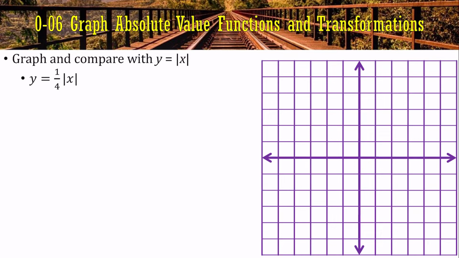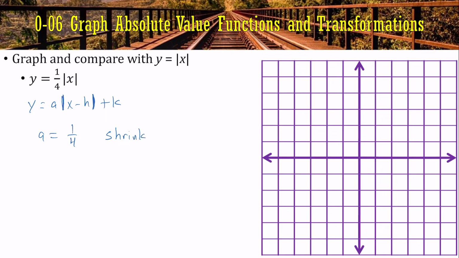Graph and compare with y equals absolute value of x. y equals 1/4 x. All right, let's compare that with a absolute value of x minus h plus k. You can see that a is 1/4. That's less than 1, right? If it's a fourth as tall, it's actually going to be shrunk.